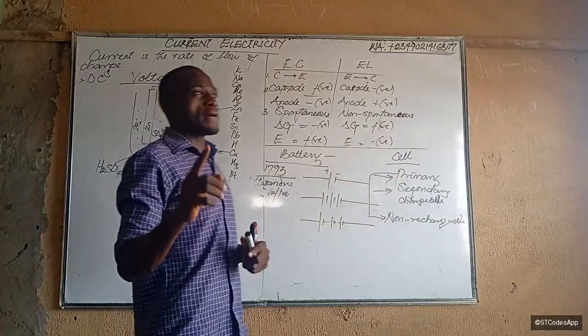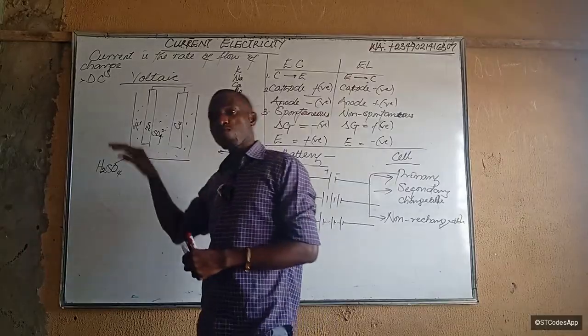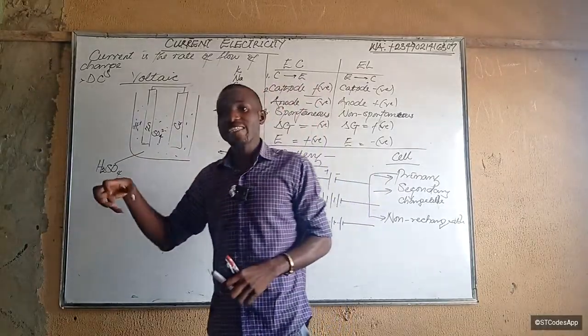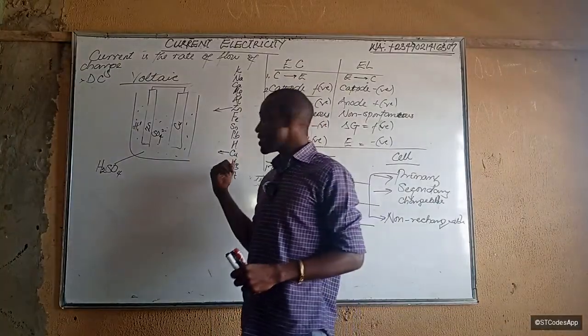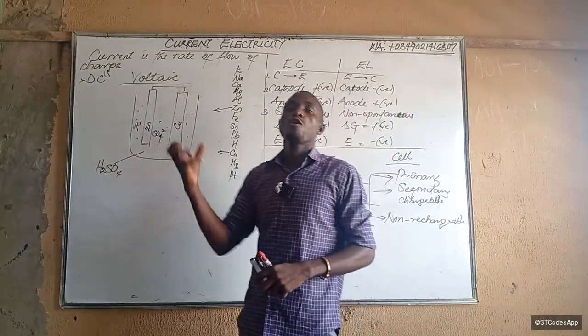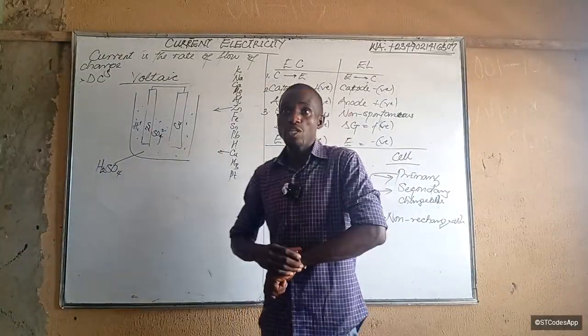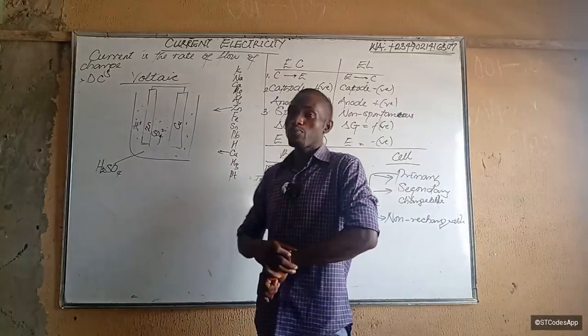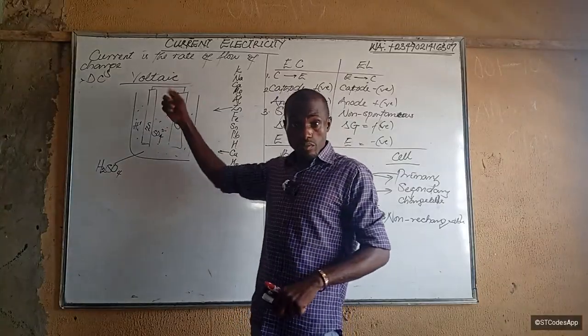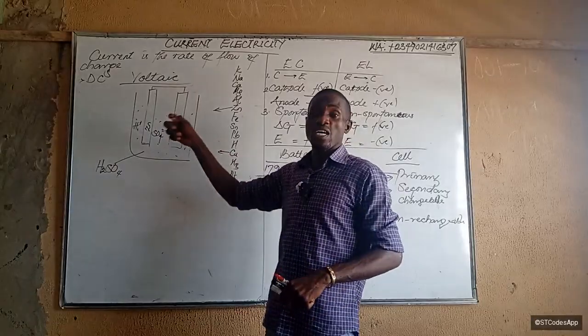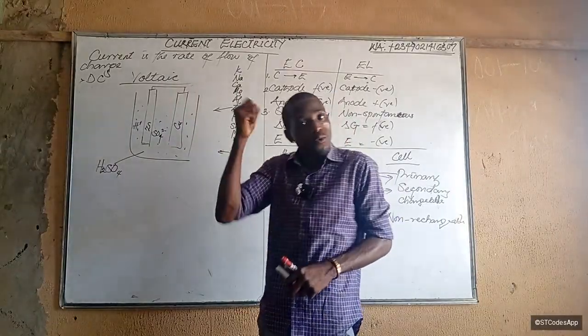Actually, the electrode potential of a cell is defined by the capacity of the one that's lower in the electrochemical series to draw electrons. Because the pull on electrons is what actually drives the working principle of an electrochemical cell. It is the pull on electrons.